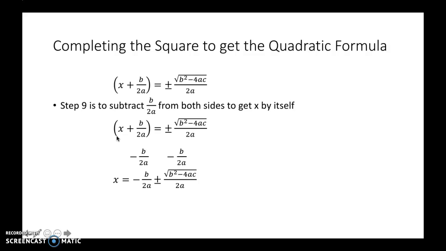So then next, to get x by itself, we want to subtract b over 2a from both sides. By doing this, b over 2a goes to the other side and x is by itself.